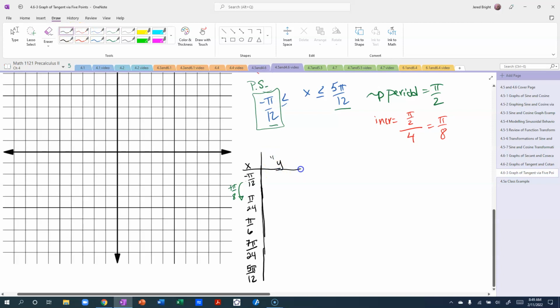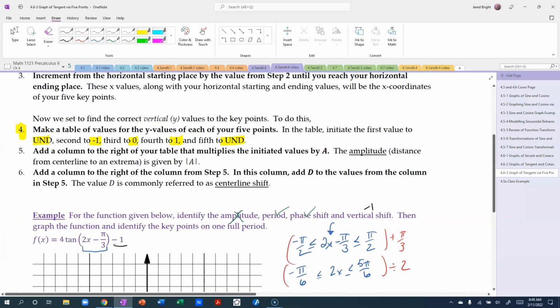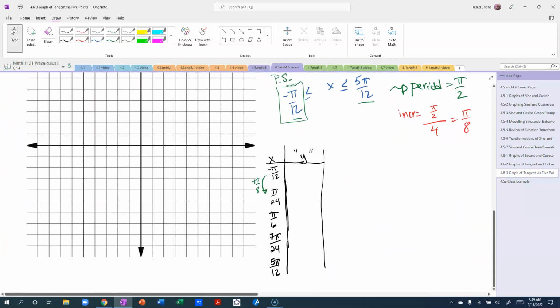The y values, now this is different than sine and cosine because our graph is different than sine and cosine. As I stated above in the steps, you're going to start the first value with undefined because it would be a vertical asymptote. So we're just going to do undefined, and then it would be -1, 0, 1, and undefined.